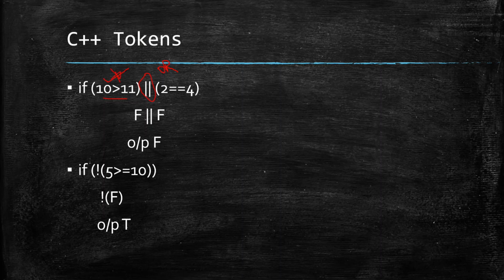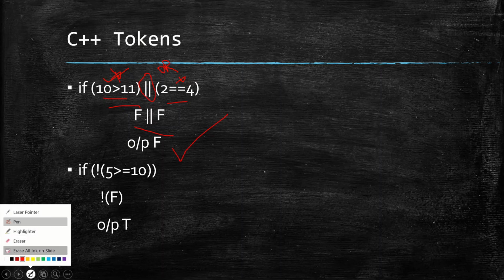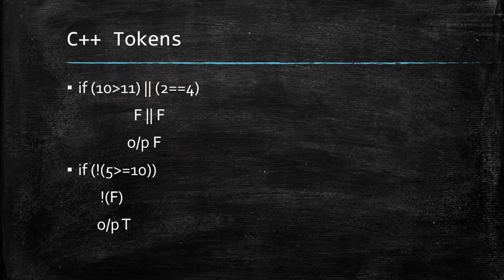Is 2 equal to 4? No, this is also false, right? So both the conditions are what? False. So what's my output here? False. If any one condition was true, the output would have been true, since it is logical OR.